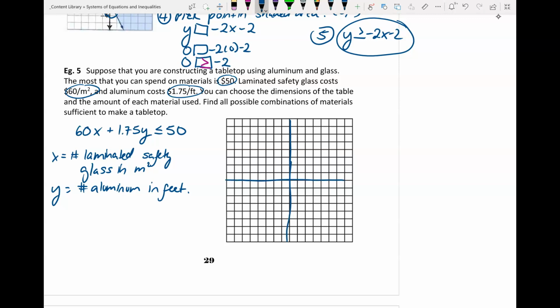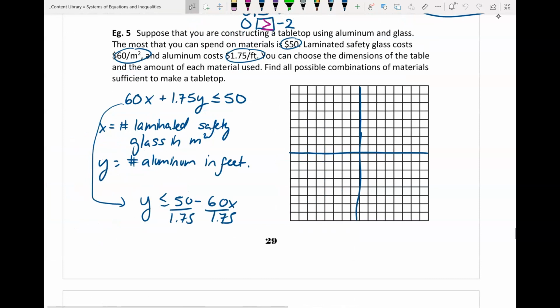That is our equation. Now we're going to go ahead and graph this equation. And it might help if we put this into y equals mx plus b form. And then we're just going to use our calculator to simplify this. We're going to get negative 34.3x plus 28.6.